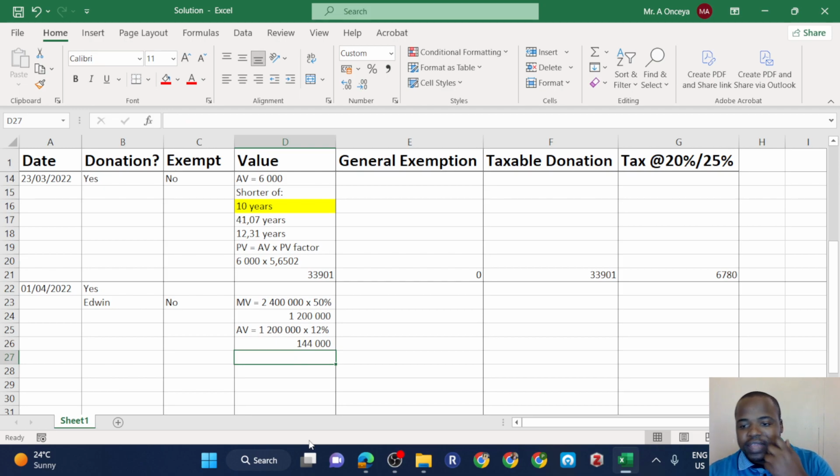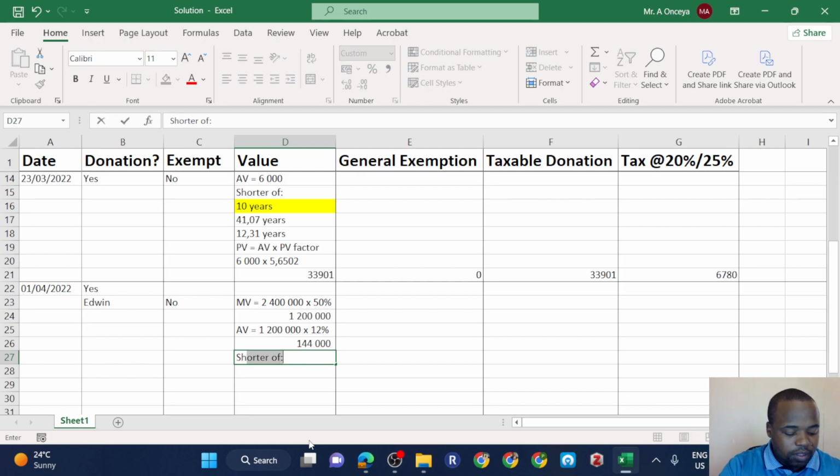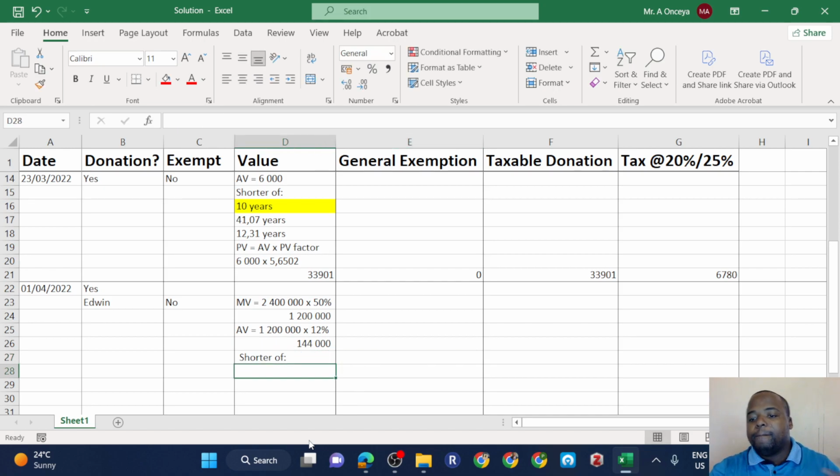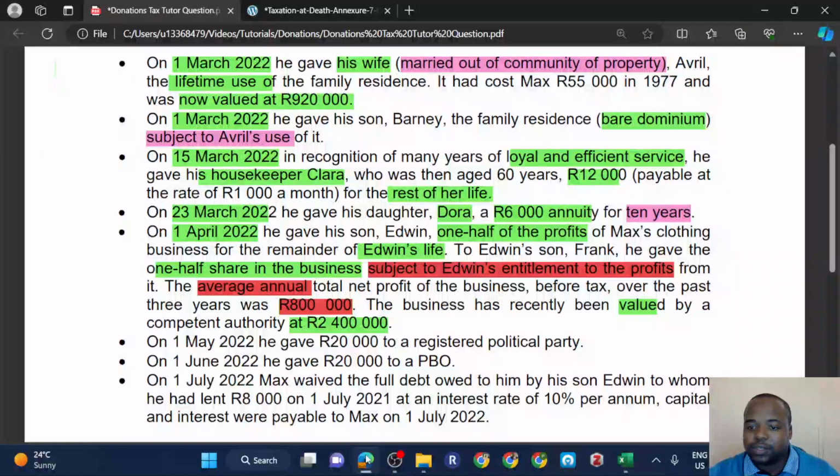That's the annual value. And then now we compare the shorter of 3 periods. Shorter of Max's life expectancy. How old is Max? Because Max is the donor, so we compare the shorter between the donor's life expectancy, the donee's life expectancy, and the specified time period. In this case we don't have a specified time period, because he gets to enjoy the business profits for the rest of his life.